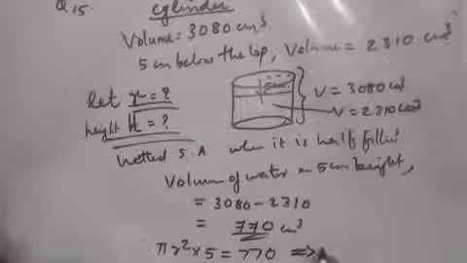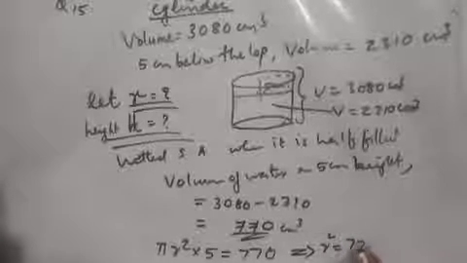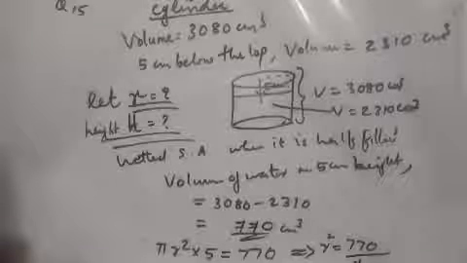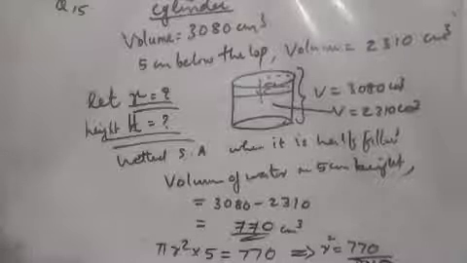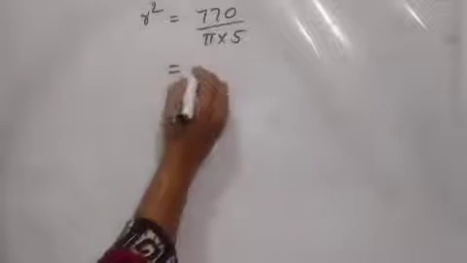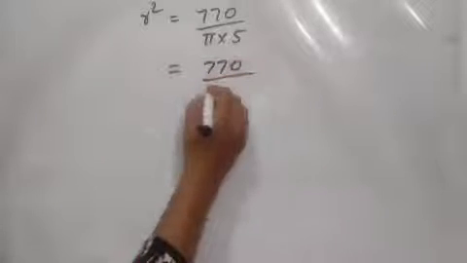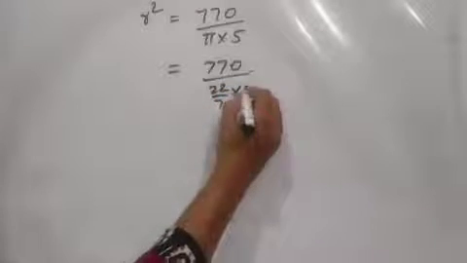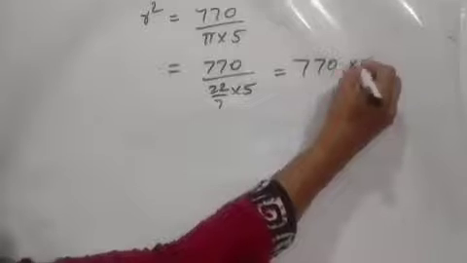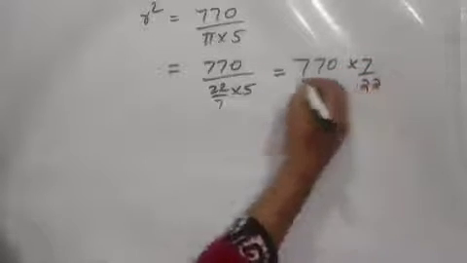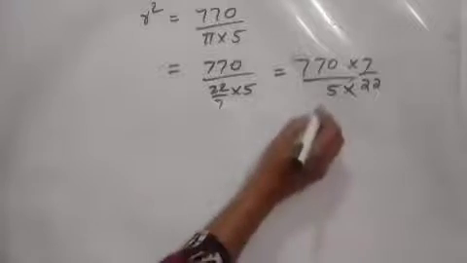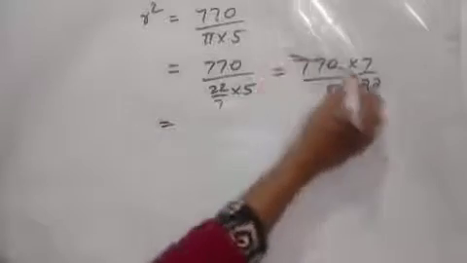So pi r square into 5 gives 770. r square is 770 by pi into 5. And substitute the value of pi. What is the value of pi? Yes, 22 by 7. So 770 by 22 by 7 into 5. That is 770, we can multiply by the reciprocal of 22 by 7 as 7 by 22, and 5 is in the denominator. Okay, cancel out 770 and 22.